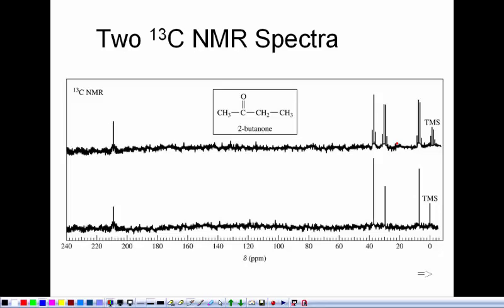And on top, this is what's called an undecoupled spectrum, and here's a singlet. What does that mean? A single carbon peak means it has no attached hydrogens. Its chemical shift is in the 200 to 220 parts per million region, and we'll find out on a chart that that's where carbonyls show up.